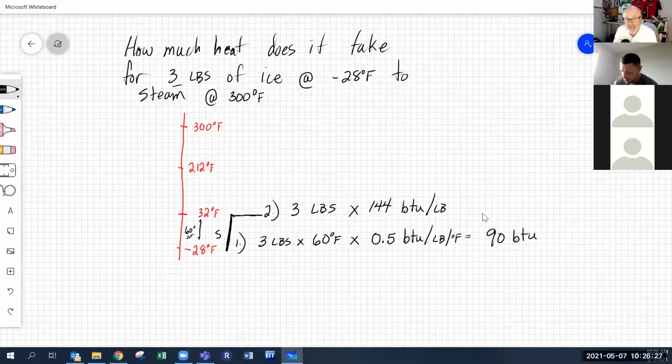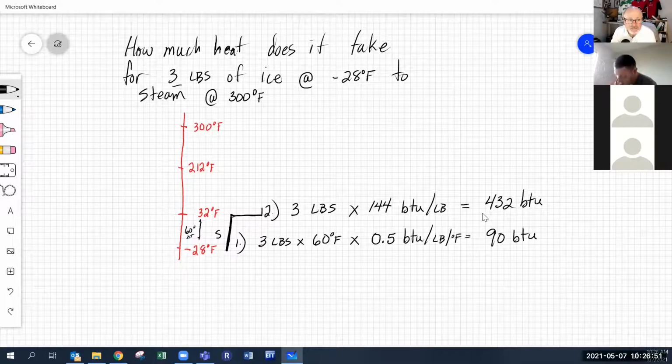If I go back to that table, that's the latent heat of fusion and solidification. And that will give me 432 BTUs. So now I have water at 32 degrees Fahrenheit.